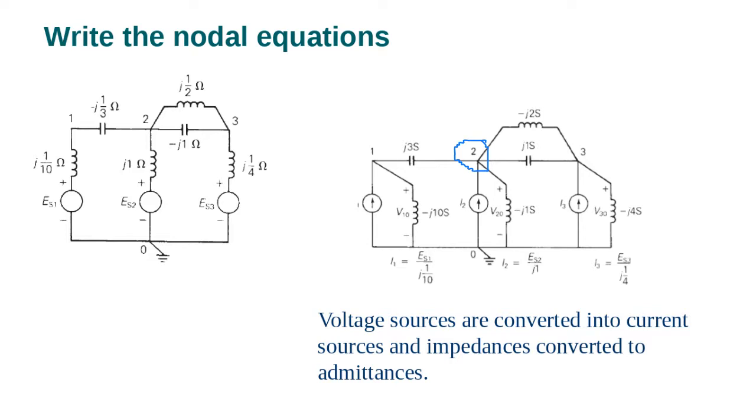So minus 1J plus 1JS minus 2JS, plus 3JS. And minus 10JS, is that included? No, it's not included.